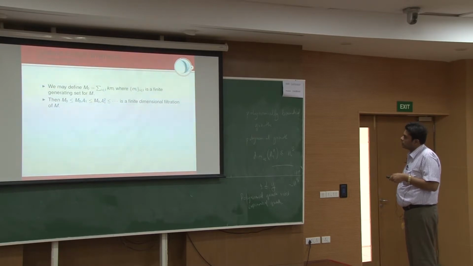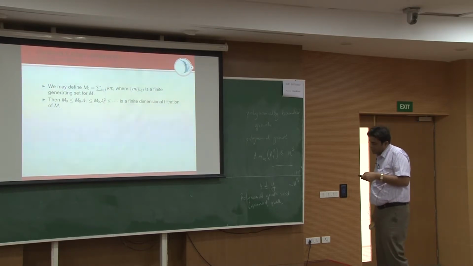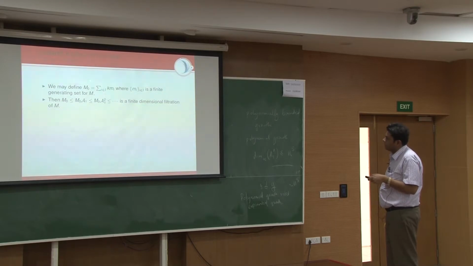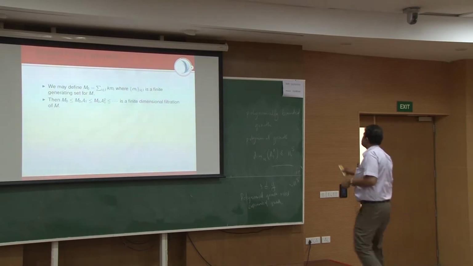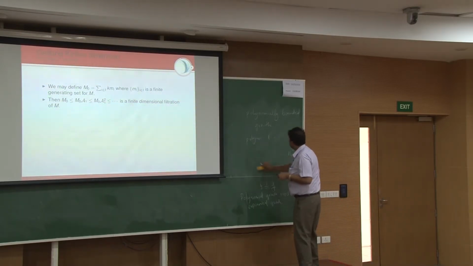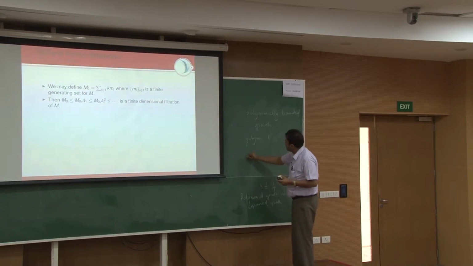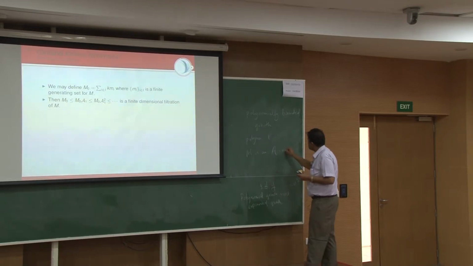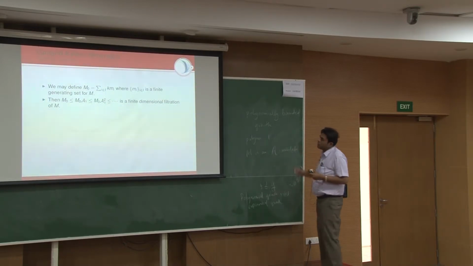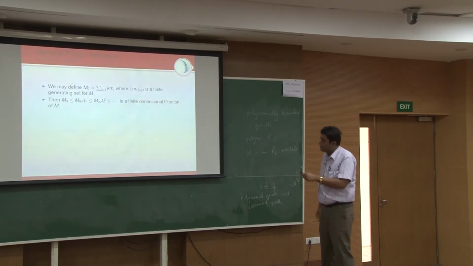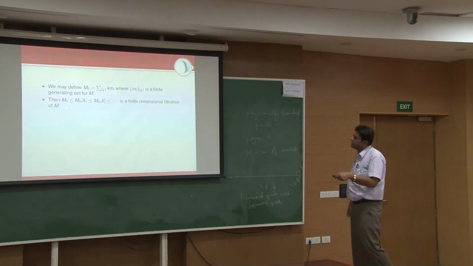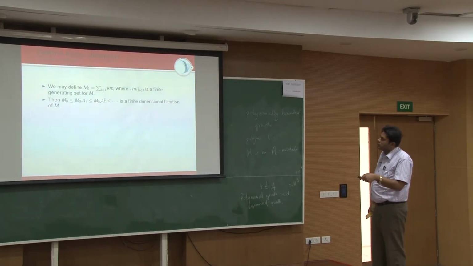Then we define a filtration inside M with respect to this algebra A. M is an A module, and we are defining a filtration inside M. This is given by the sequence M naught, which is just the span of the generators. The next term is M naught A1.